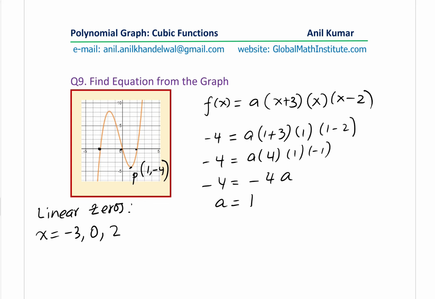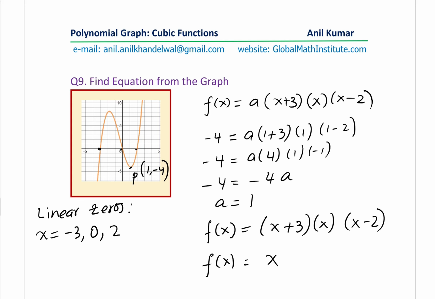So that is the result. And since a is 1, we'll write the function as f of x equals x plus 3 times x minus 2. It is always better to write x as such in the very beginning. So let's rewrite this equation as x times x plus 3 times x minus 2.